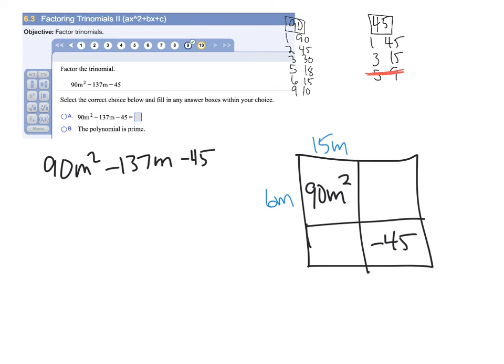So let's try 3 and 15, or 15 and 3. If I put a 3 here and 15, that would give me 90m and 45m. Well, that's not going to give me the 137 that I want in any way. So I'm going to cross that off.